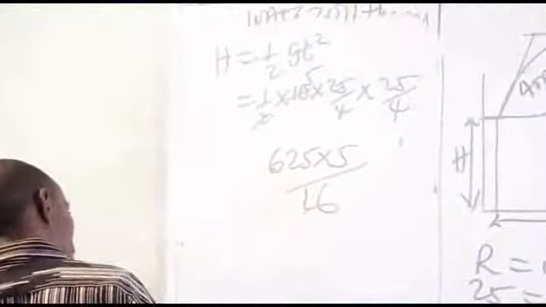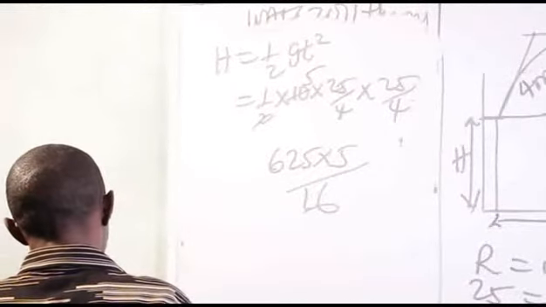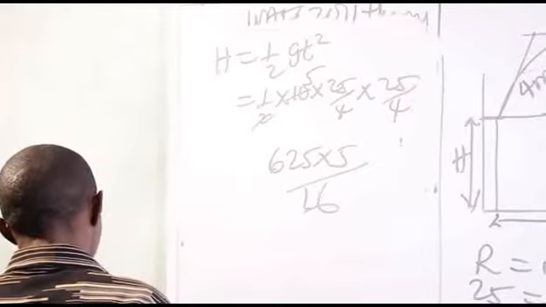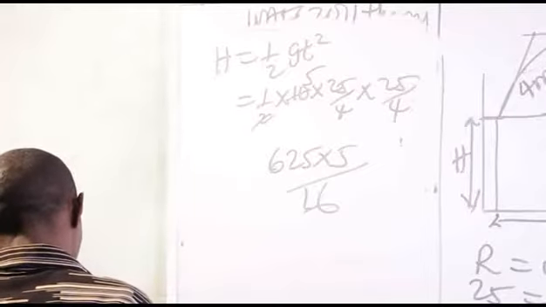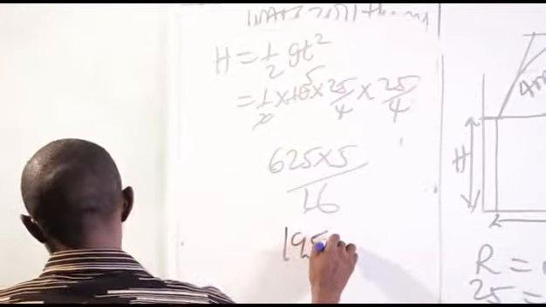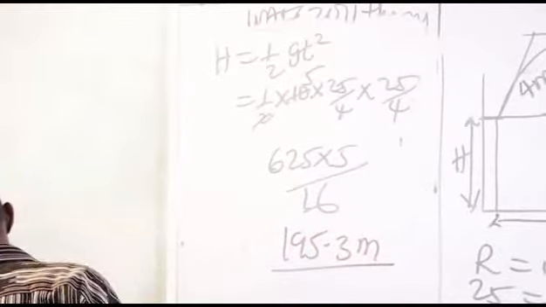As a scientist, when your answer is wrong or you have a mistake, you should be suspicious. Divided by 16. Correct. 195.3 meters.